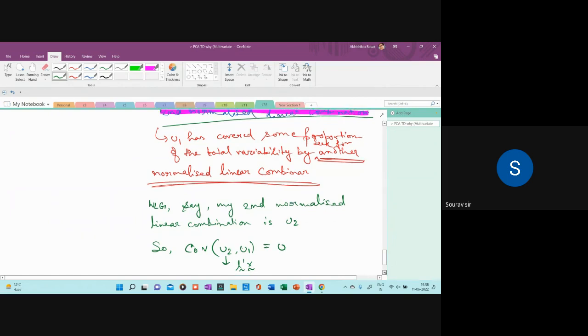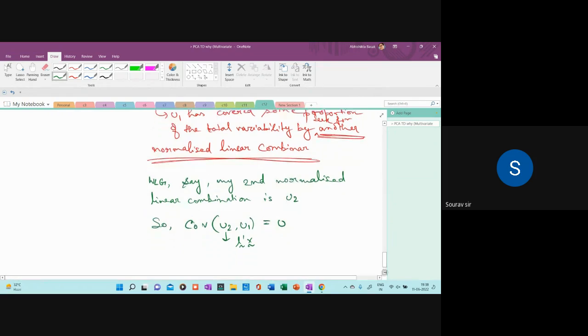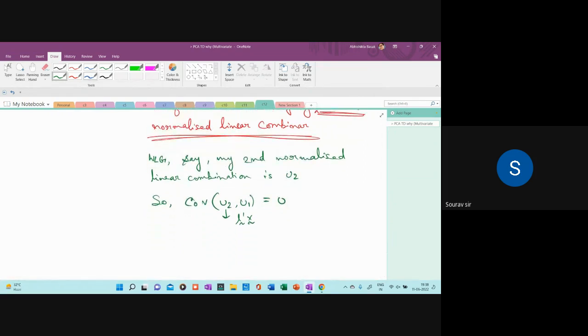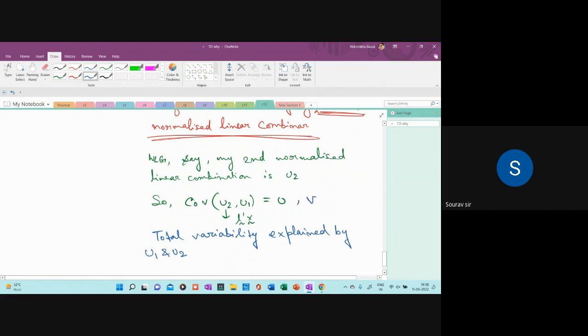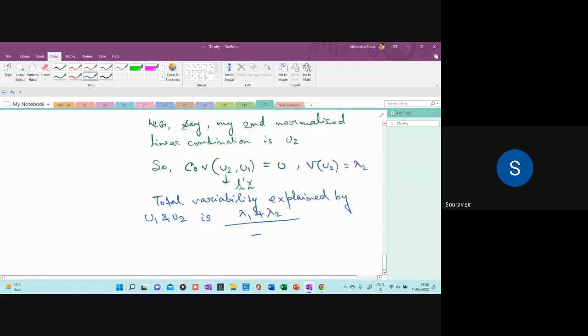And how do we judge the total variability explained by u1 and u2 both? Obviously, let me write one more thing: variance of u2 is lambda 2. So the proportion is lambda 1 plus lambda 2 divided by the summation over i running from 1 to p of lambda i.